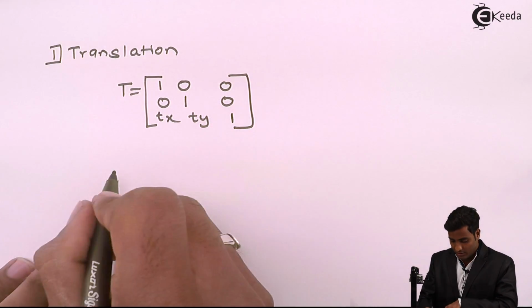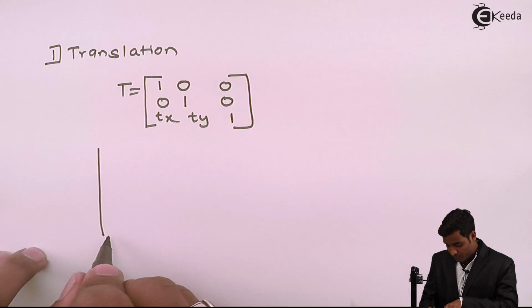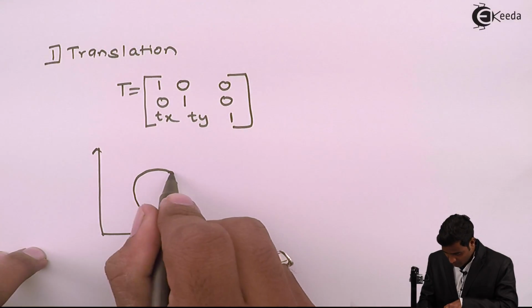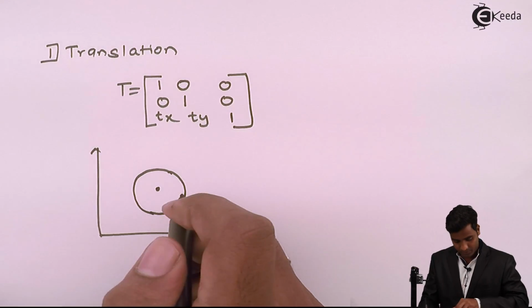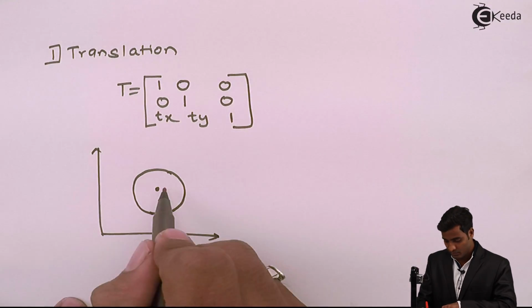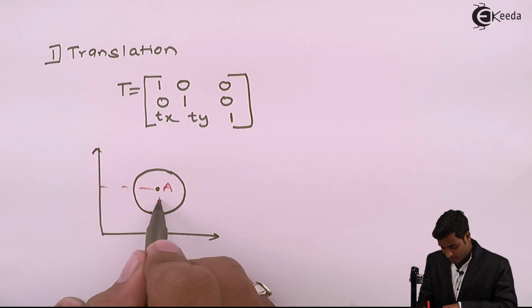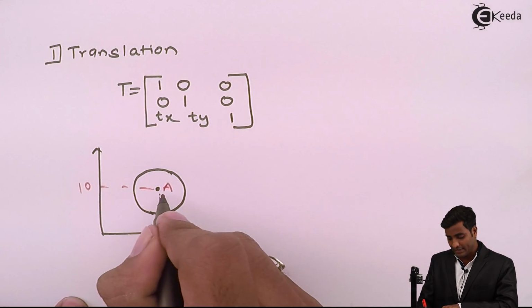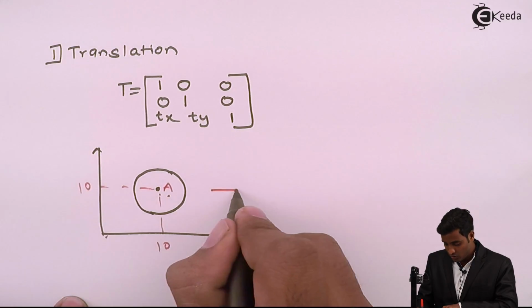The figure was just like this, having center 10, 10. For that we are bringing this point A to the origin.